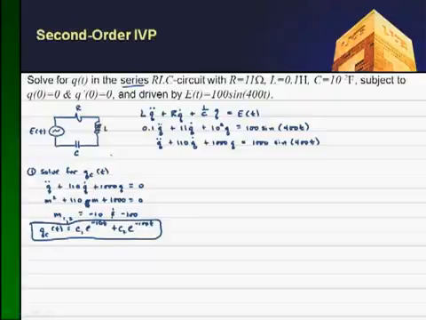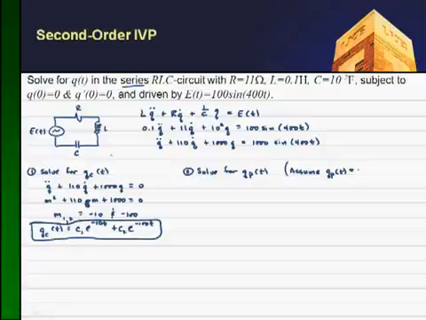Okay, so let's solve for that particular solution, Q_P of t. And I'm going to use undetermined coefficients here. So I'll assume of course that the Q_P of t is going to look a lot like my forcing function.